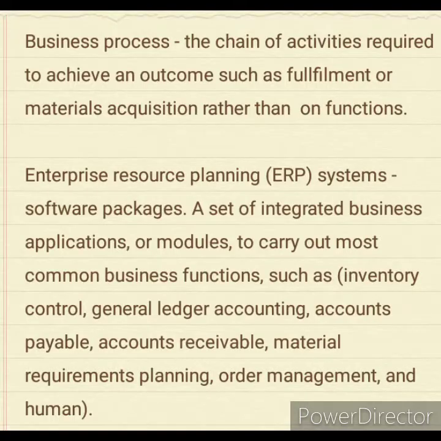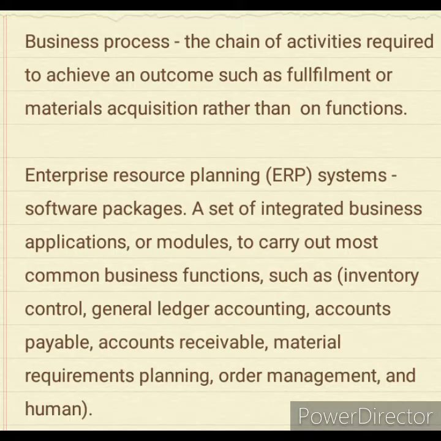Business process is the chain of activities required to achieve an outcome such as fulfillment or materials acquisition, rather than on functions. ERP systems, or enterprise resource planning systems, are software packages, a set of integrated business applications or modules to carry out most common business functions.